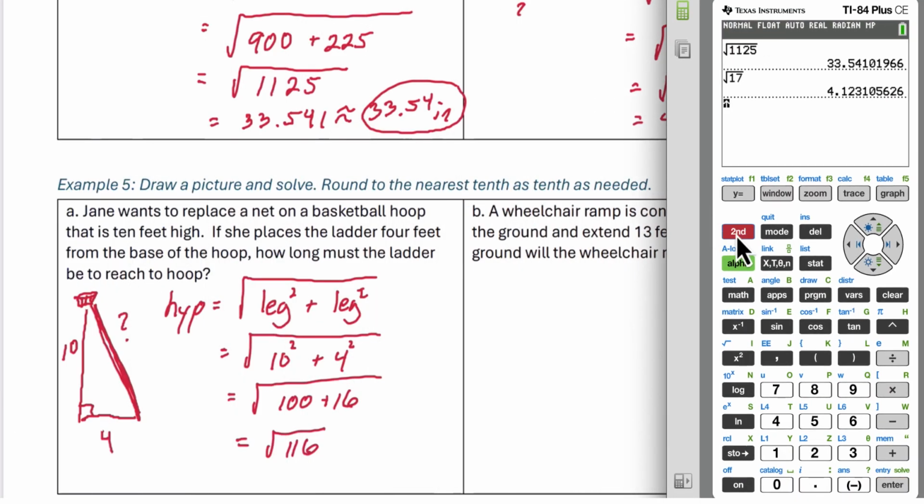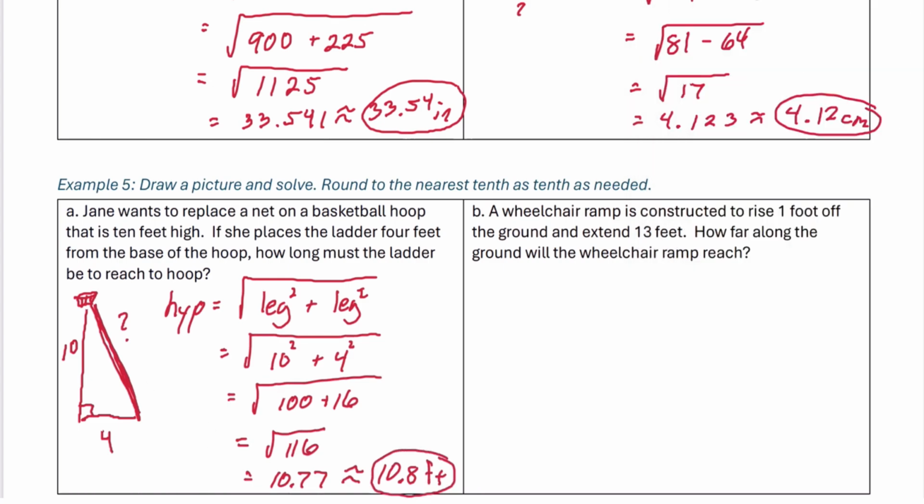Square root of 116 is 10.77. And we are rounding to the nearest tenth, so that's 1 decimal. Look to the right of that, we need to round up. So we get 10 and 8 tenths, and in this case we're dealing with the unit feet.